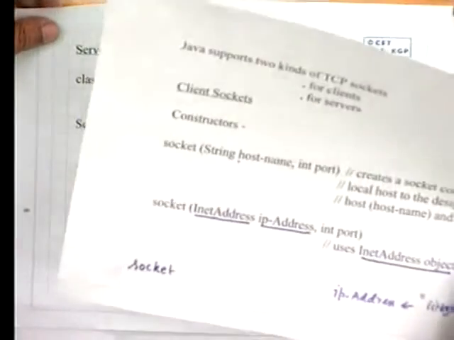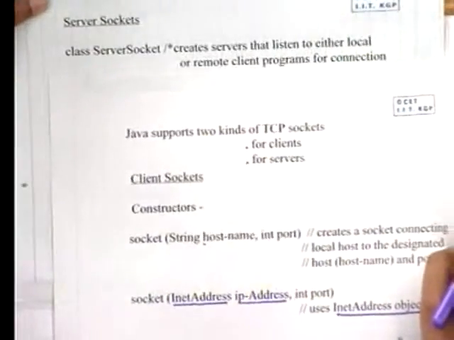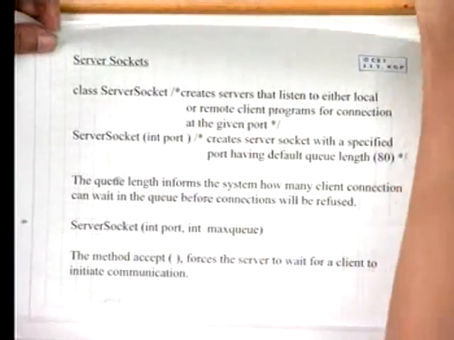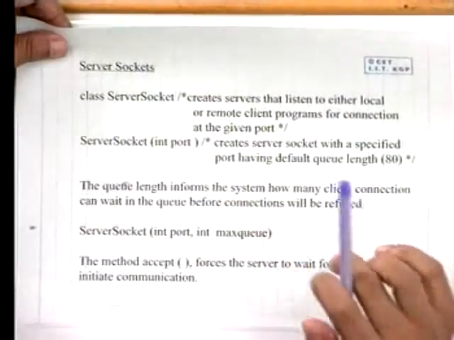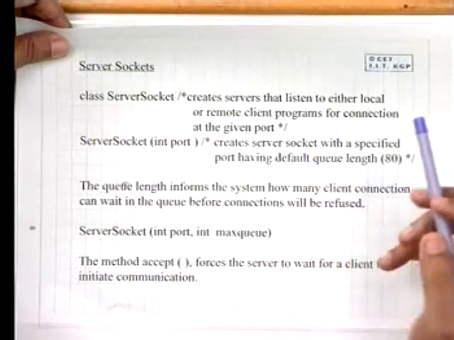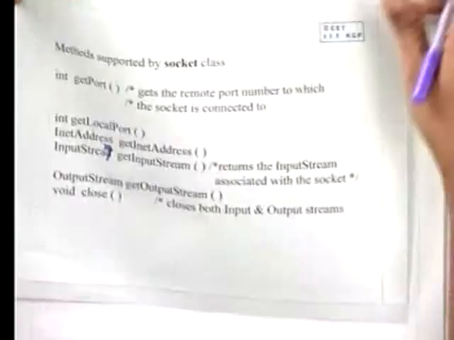So all these client TCP/IP sockets require a port through which the communication will be specified. Similarly, for servers, we have seen there is a constructor which allows us to create a server socket with the specified port number. Along with it, we can specify the queue length, and the other methods, as we have mentioned, are to get the port number of a socket, which can be used later on, or the INET addresses and so on.